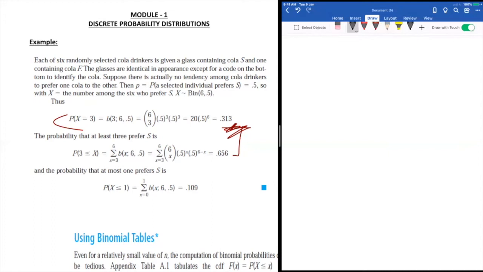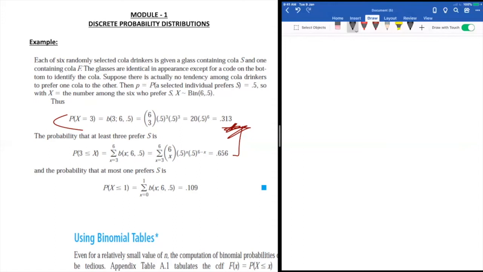Then p, the probability of success, is equal to 0.5 or 1 by 2. There are two glasses, each 6 randomly selected cola drinkers, so n is equal to 6, and the probability of success is 1 by 2.